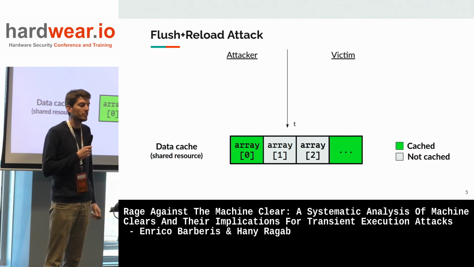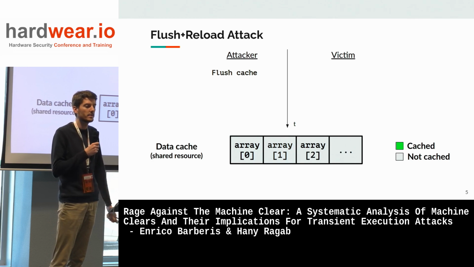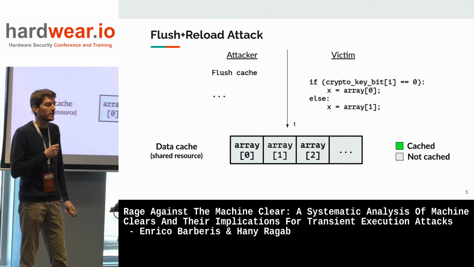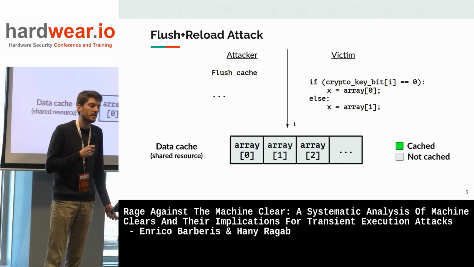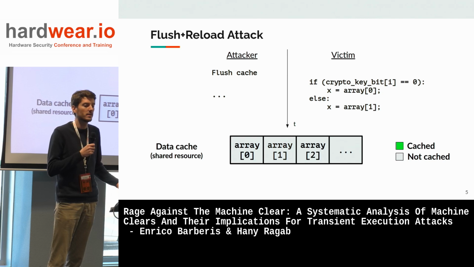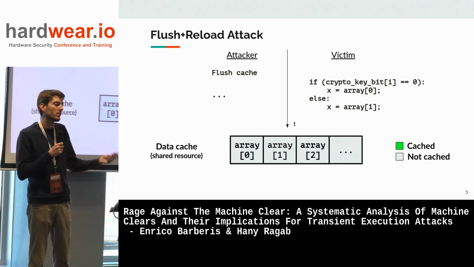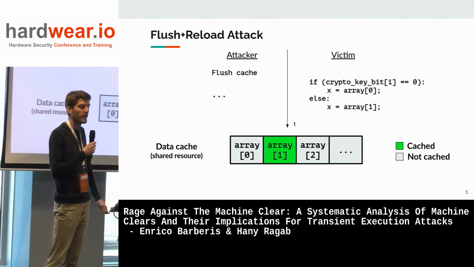The first step is to bring this array into a known state by flushing the array entirely from the cache. Then the next step is to trigger the victim execution. Let's suppose that, depending on a secret bit of a cryptographic key, the victim accesses either entry 0 or 1 of the array. For simplicity, in this example, let's say we access entry 1.